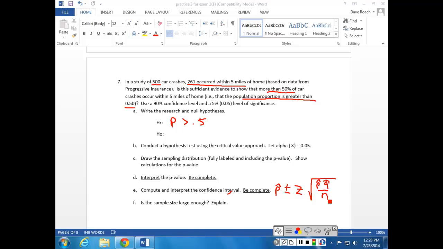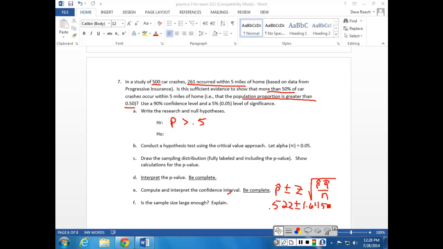And that p hat is 261 out of 500. That's going to be what, 0.522, I think? Let's say I got that right. Z for 90% is going to be 1.645.